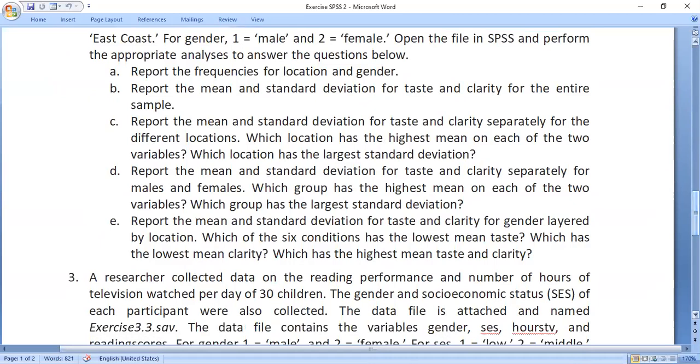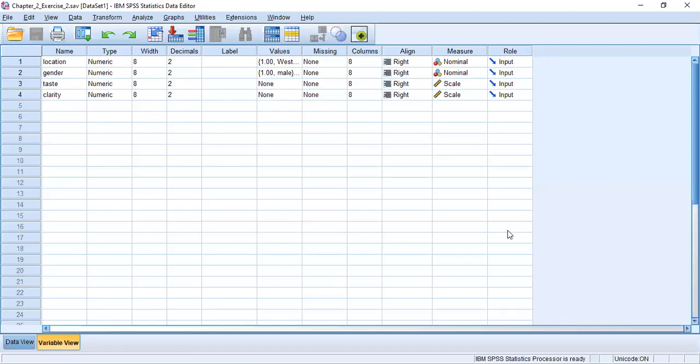So the A part is: report the frequencies for location and gender. So the question number 1 for us, the A part rather, is to report frequencies for location and gender. What I do is I just share the SPSS file with you. So here it is.